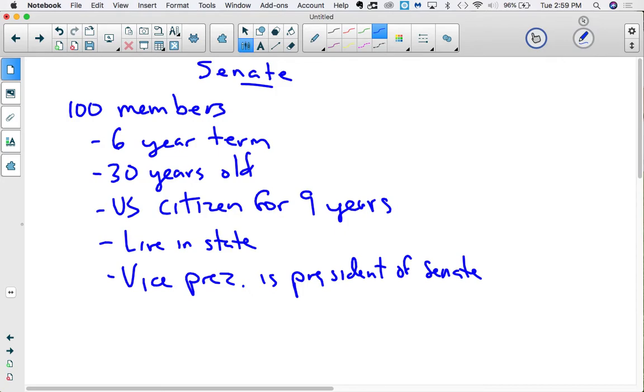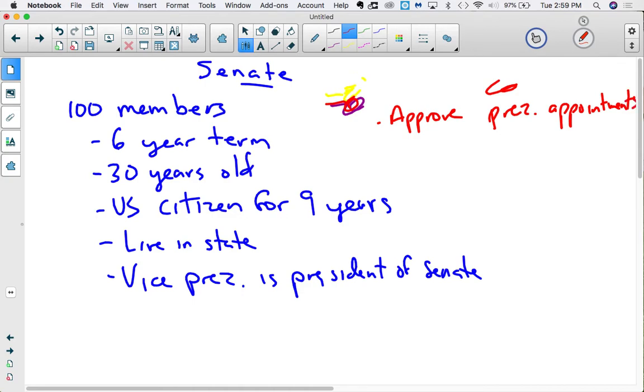Roles of the Senate. They can approve presidential appointments.